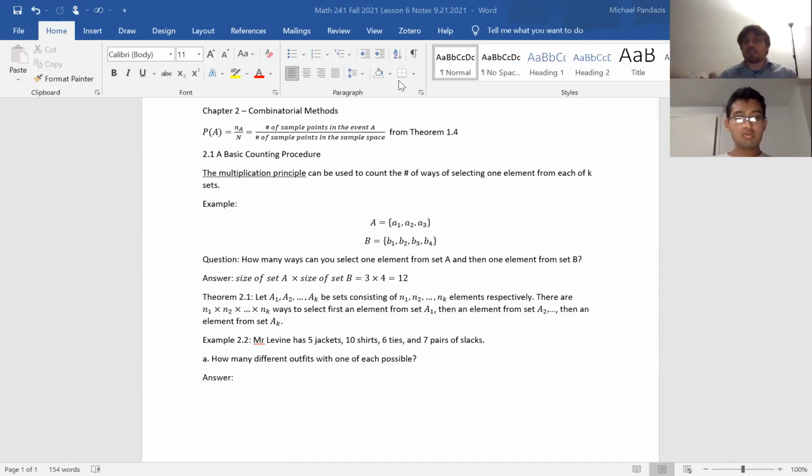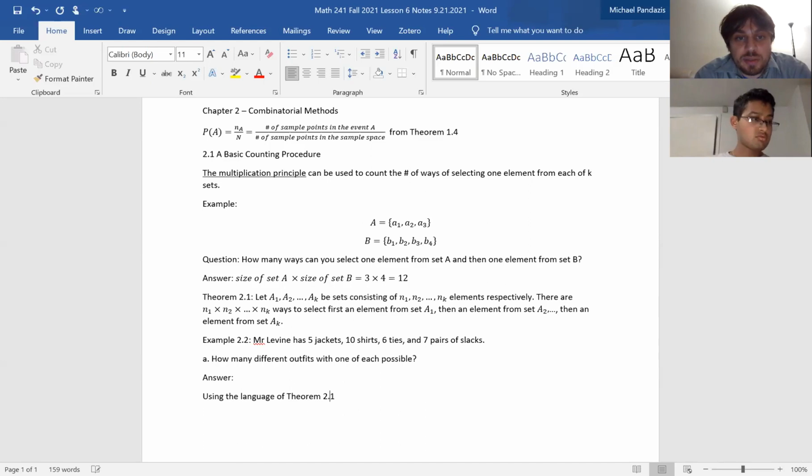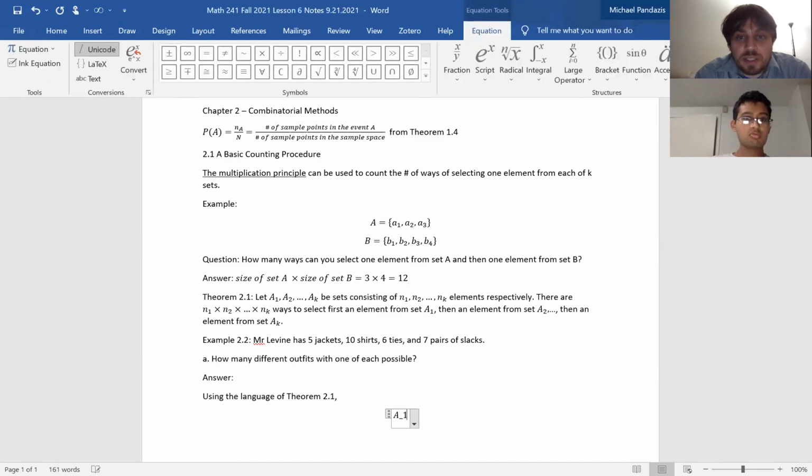Okay, so this one very specific example of making outfits is part of a much larger, more general situation that theorem 2.1 describes: how many ways to select one element from each of K sets. So yeah, the answer is 2100. Just to give that description using the language of theorem 2.1, set A1 is the set of 5 different jackets.